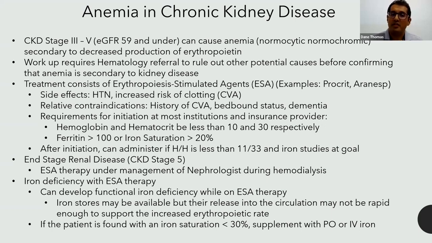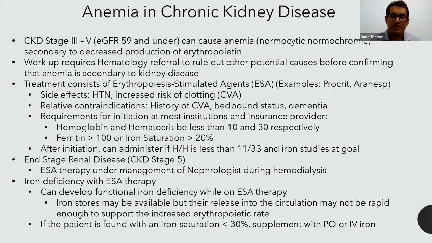After they initiate ESA therapy, they can receive these agents if their hemoglobin and hematocrit is less than 11 and 30 respectively, and their iron studies continue to be at goal. When patients have kidney failure or end-stage renal disease, ESA therapy is taken over by the nephrologist and is administered during their dialysis.